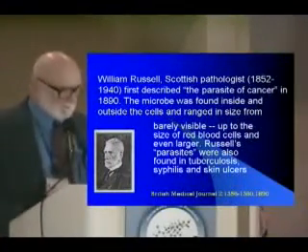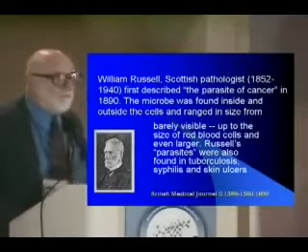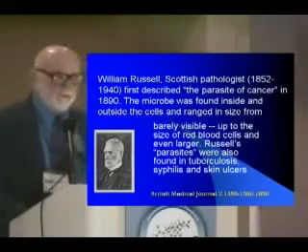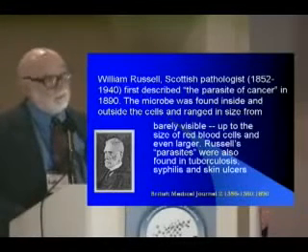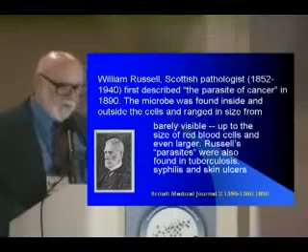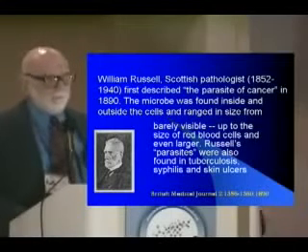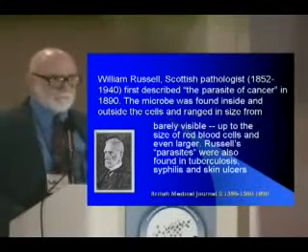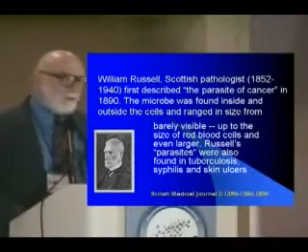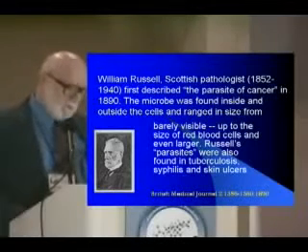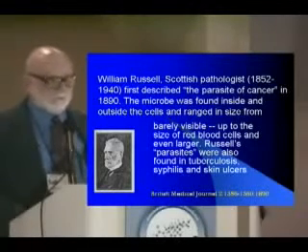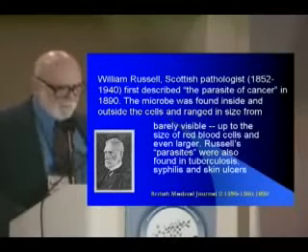Here is William Russell, who died in 1940 when I was only 6 years old. And he first found these microbes in all kinds of cancer that he examined, and he found the microbe within the cell, outside of the cell, and he said that these microbes were barely visible under the microscope, but they could be as large as red blood cells, which are about 6 or 7 micron in diameter.